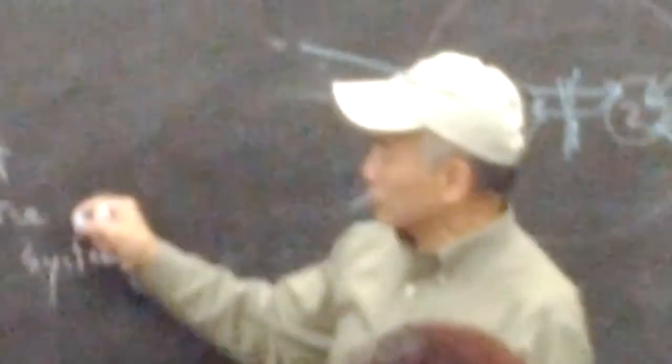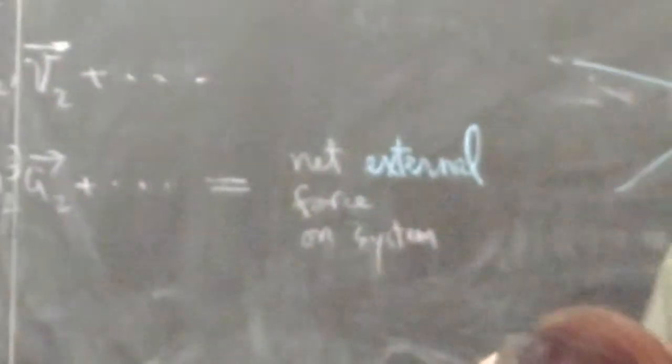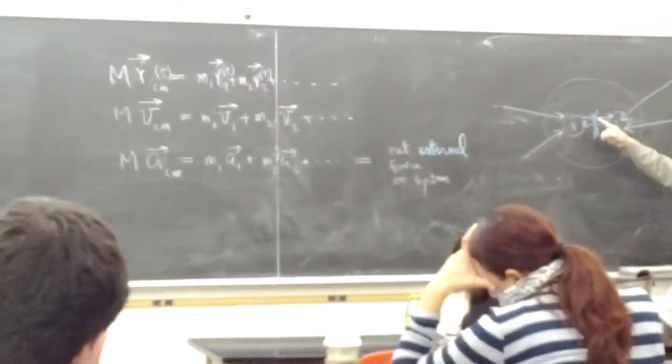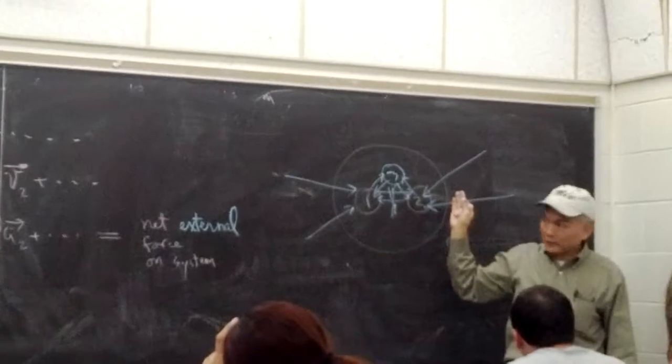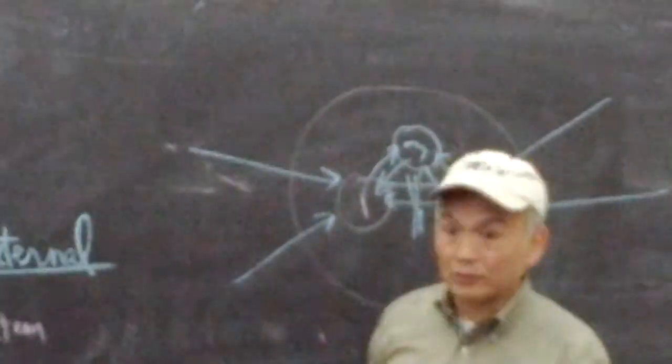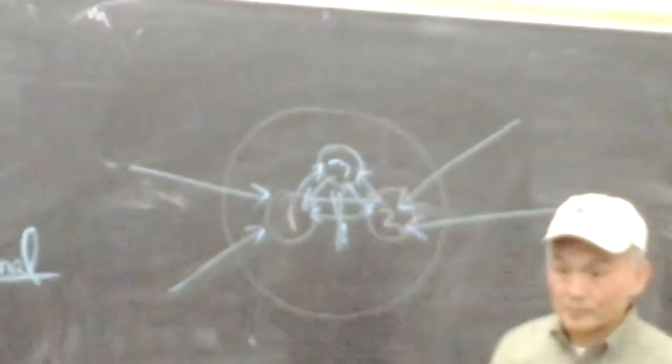If the internal forces cancel, this net force here is going to be the net external force. Okay. So you have the net external force, because the internal forces come in pairs. If the system is composed of multiple parts, then you have 1 on 2, 2 on 1. And if you have the 3 here, 1 on 3, 3 on 1, 2 on 3, 3 on 2, they all cancel. So the right-hand side is the net external force on the system.